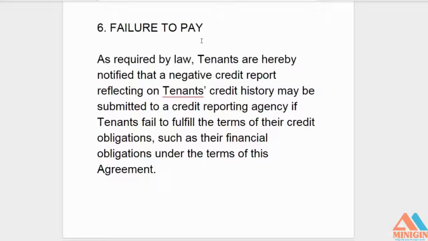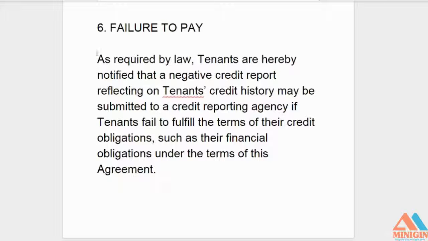Failure to pay. This is a very long statement. What they are talking about, remember before I said that when you are signing an agreement, they will ask to do a background check and a credit check. They are doing a credit check to see if your financial statements show that you are able to pay.